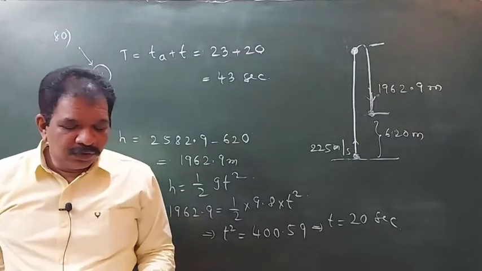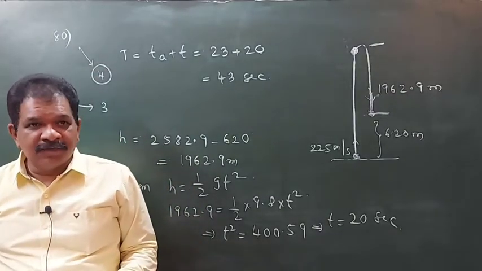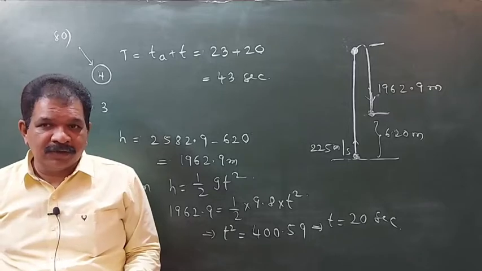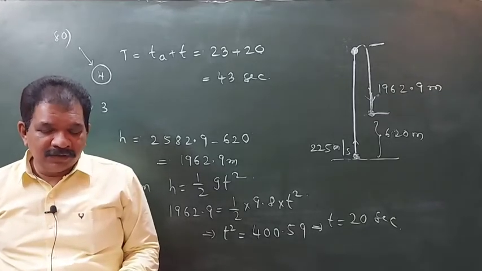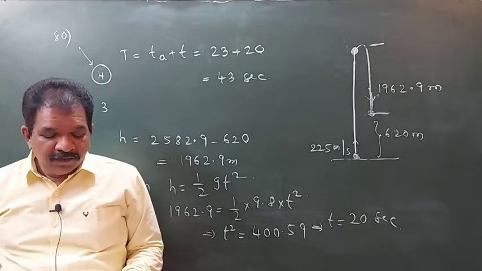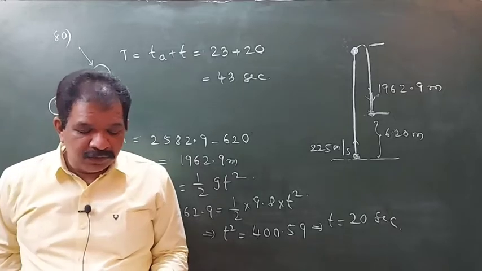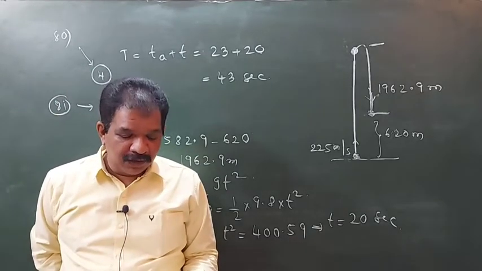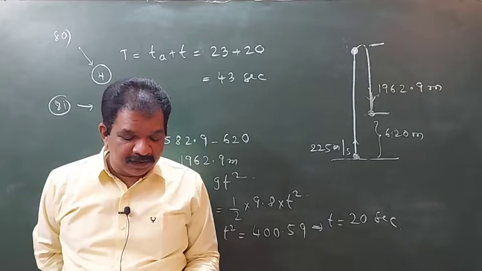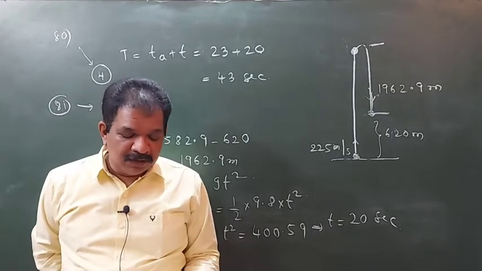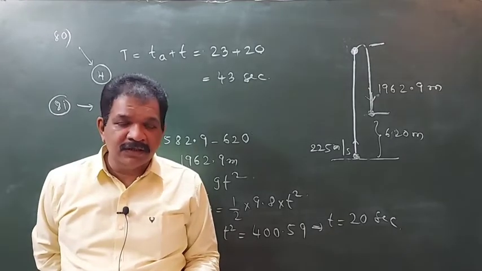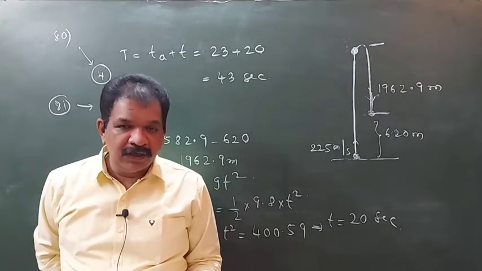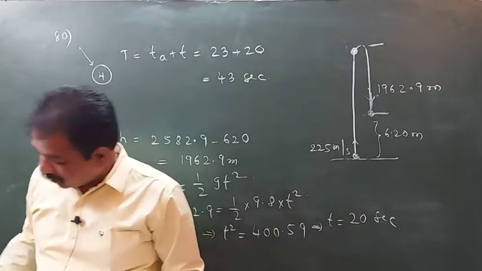Both velocity and acceleration of the ball being 0 is wrong. Velocity is 0 at the highest point, but acceleration is equal to g. Velocity of the ball being u but acceleration 0 is wrong. Third statement is correct. Velocity of the ball being u but acceleration g is also wrong. So 81, third option.